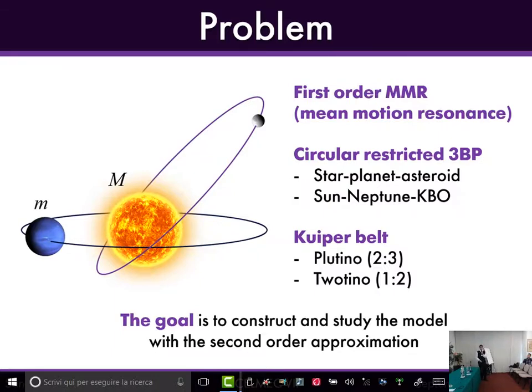Because the first object of our interest was the Kuiper belt, I sometimes will refer to them as the Sun, Neptune, and Kuiper belt objects, because there are two big classes of objects in the Kuiper belt with first order mean motion resonances with Neptune, and they are of course Plutinos that are in 2 to 3 mean motion resonance, and Twotinos that are in 1 to 2 mean motion resonance. And our goal was to construct an analytical model that includes the effects of second order of approximation with respect to eccentricities and inclinations.